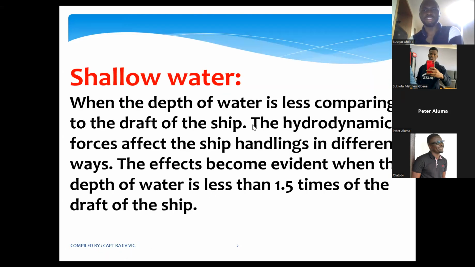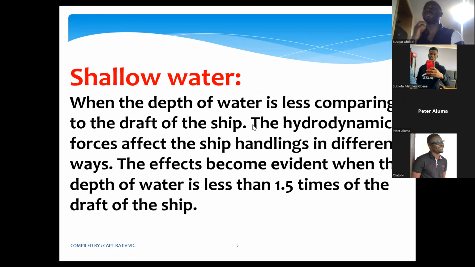When I say shallow waters, it's when the depth of water is less compared to the draft of the ship. If you have a supply vessel and a big LNG vessel coming in, shallow water will be subject to the draft, the size of the vessel and its draft. It's the hydrodynamic forces that will affect the ship when you are handling it in different ways.